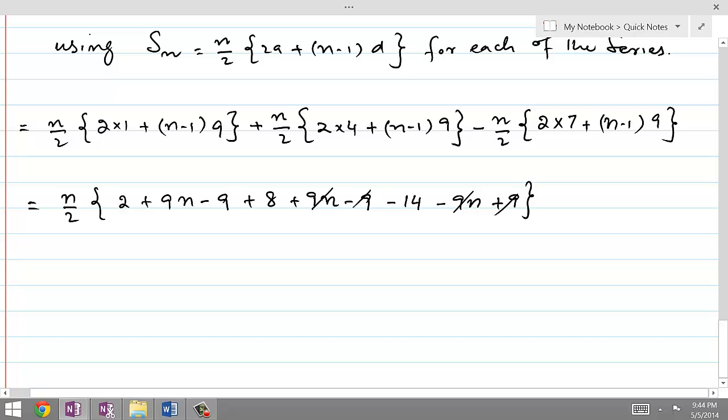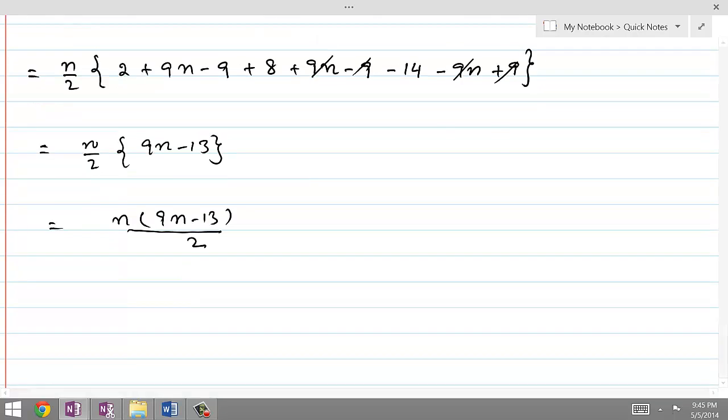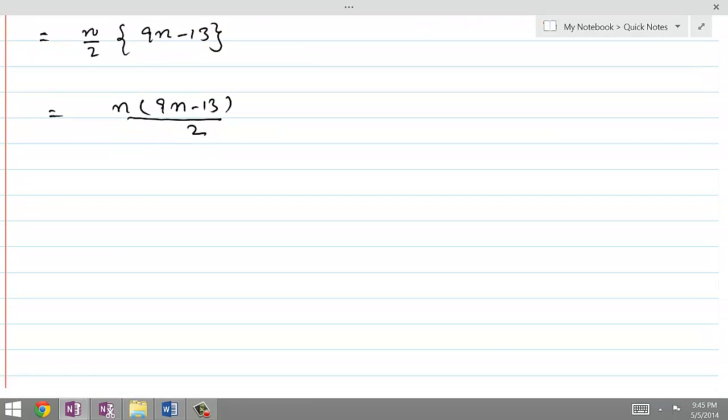These will get cancelled, and now what we have here is n by 2 into 9n minus 13. If we write this down in the form of n times 9n minus 13 divided by 2, that would be the answer. That will be the sum of the 3n terms for the given series.